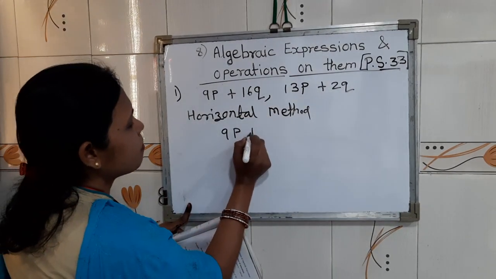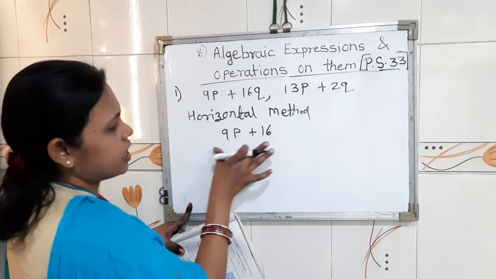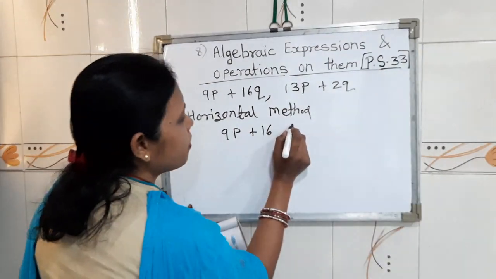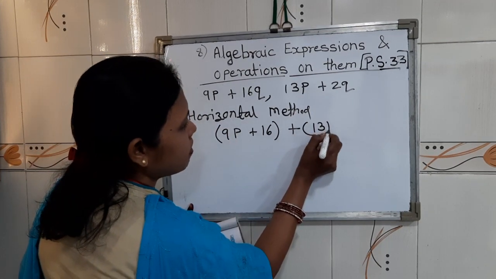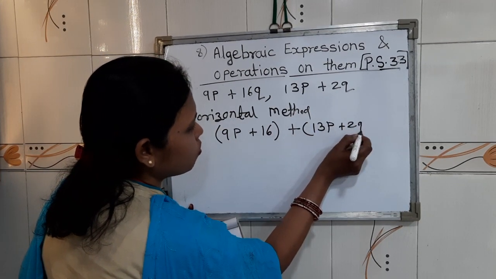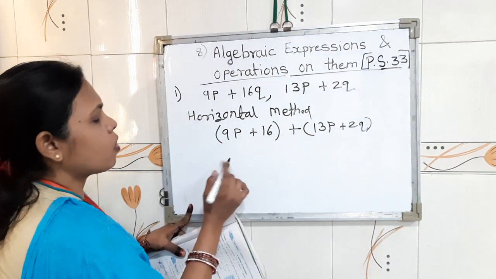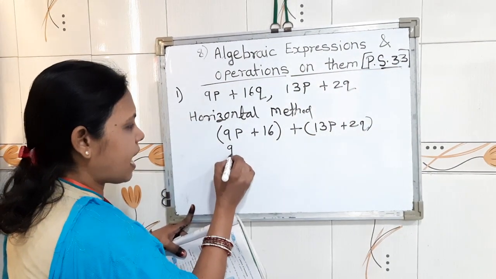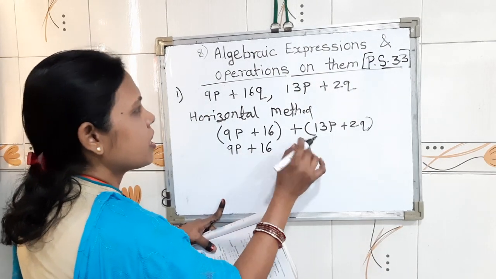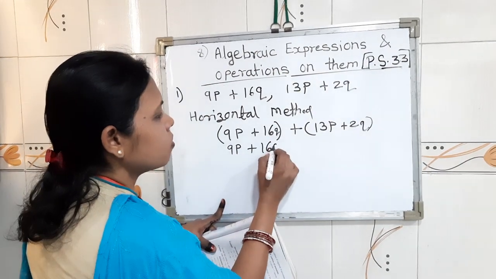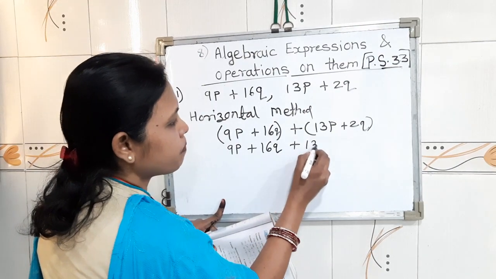In the horizontal method, 9p plus 16q is one expression, in between a plus sign, then 13p plus 2q. Now what will we do? Write 9p as it is, plus 16q, plus 13p.